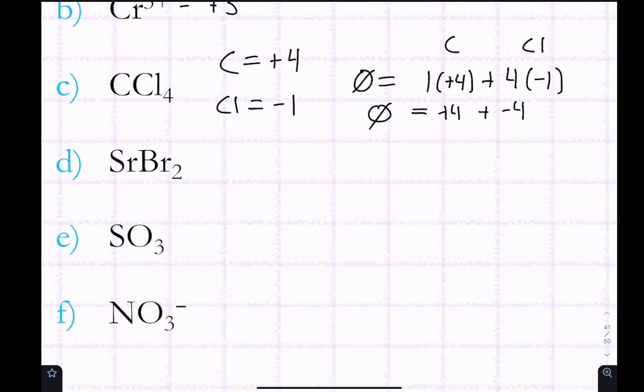How about strontium bromide? We need strontium, and we need bromide. Bromine is in 7A, so everything in 7A is going to have a -1, unless it's with something that's higher on the list.